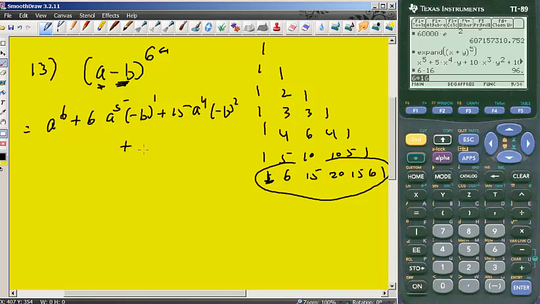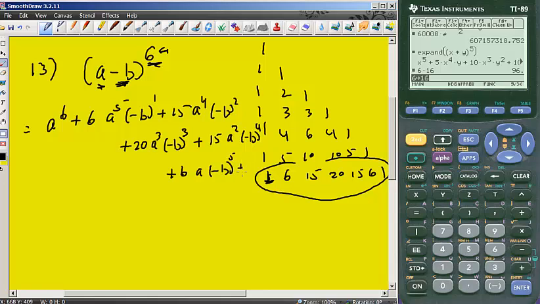And then plus the next coefficient, 20, and then a is to the 3rd, and negative b is to the 3rd. They have to add up to 6. And then plus 15, and a is to the 2nd, and negative b is to the 4th. And then I have a plus 6, and then a is to the 1st, and negative b is to the 5th.